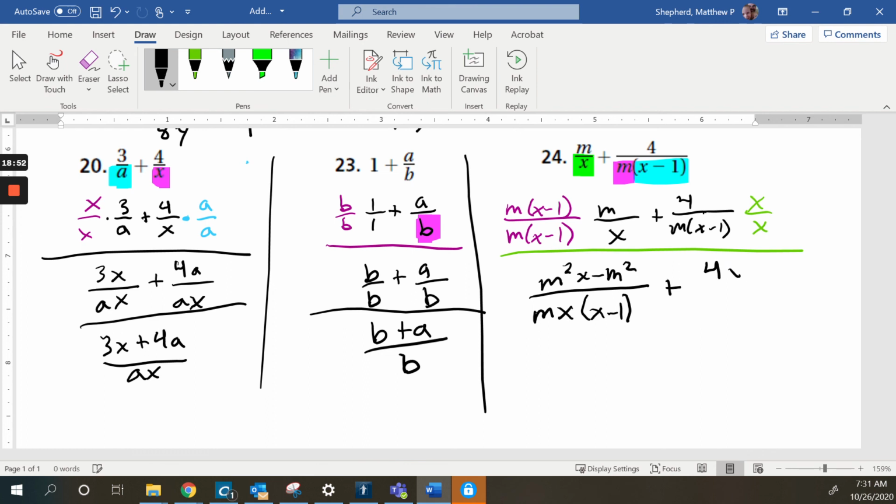Plus, over here, we'll just have 4x and an mx times x minus 1. Sadly, it doesn't look like we've got much that is going to combine here, and so our simplified version is just going to look like this.